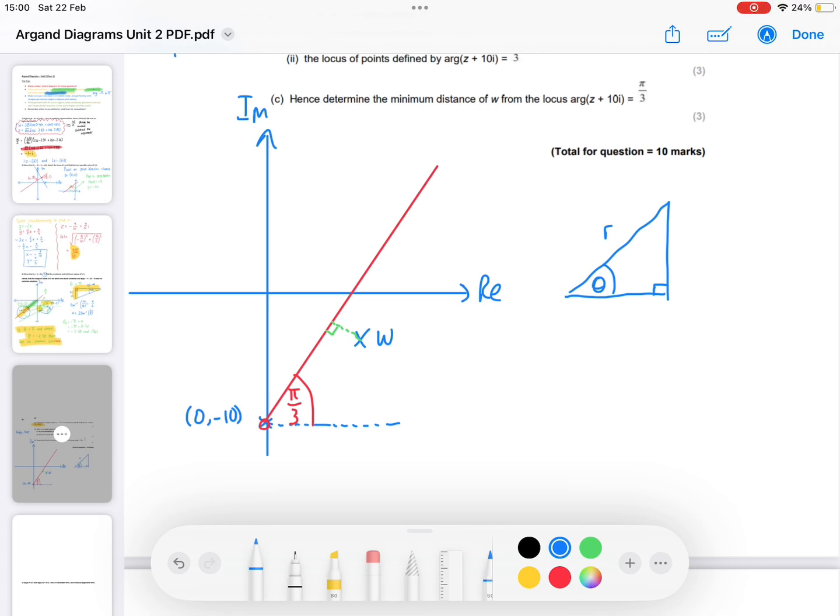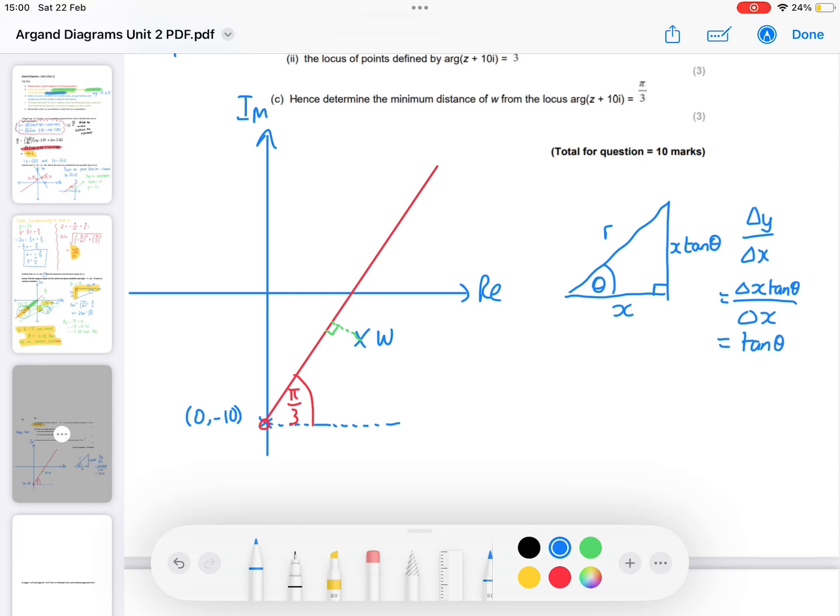For a change in x of x, y is going to be x tan theta. So if we were expressing the gradient, the change in y over the change in x, that's going to be delta x tan theta over delta x, which is just tan theta.